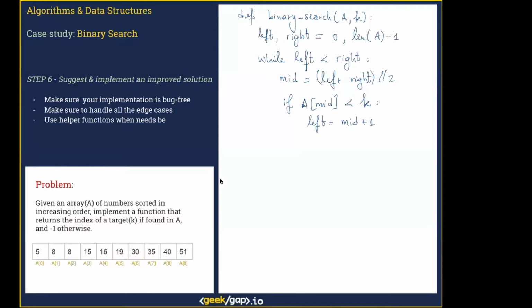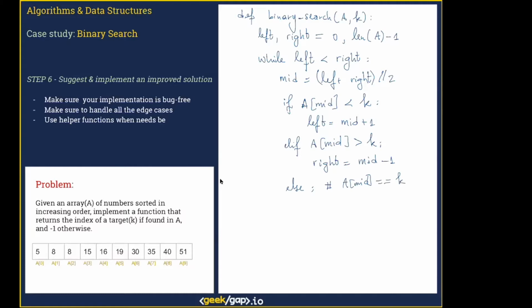Else if a[mid] less than k, what do we do? We do right equals mid minus 1. Otherwise, else, the only possible case now is really if a[mid] equals k. What do we want to do?